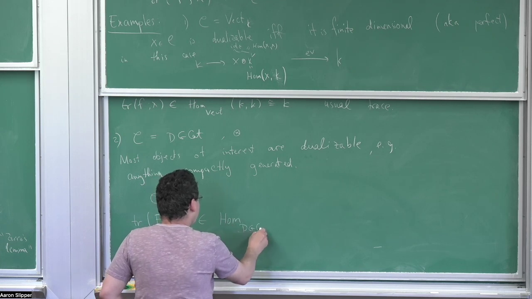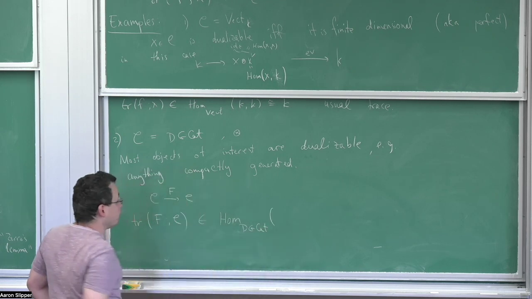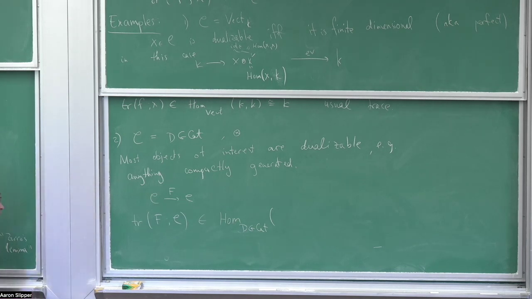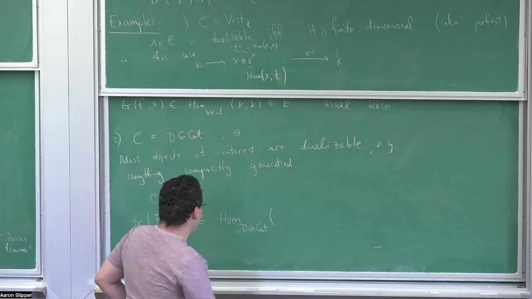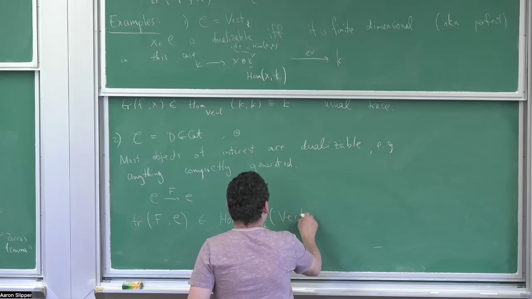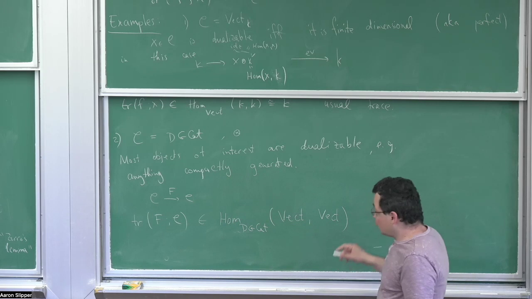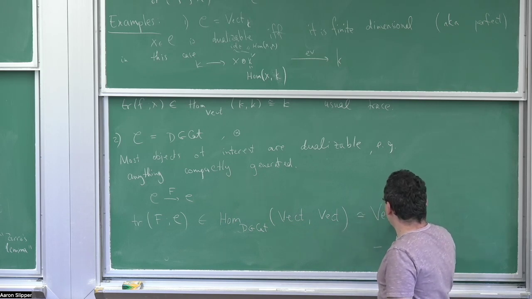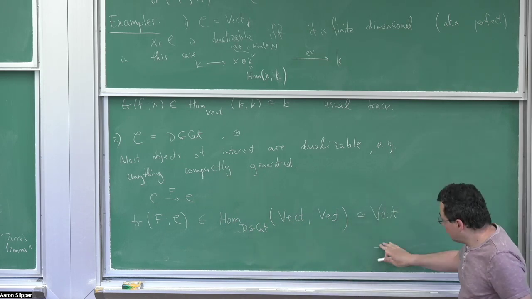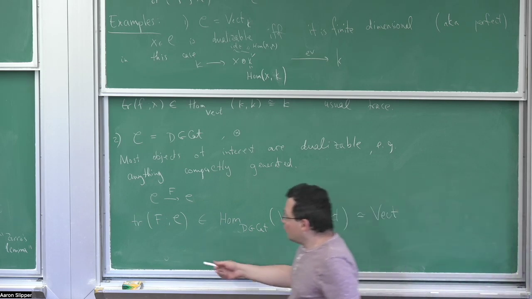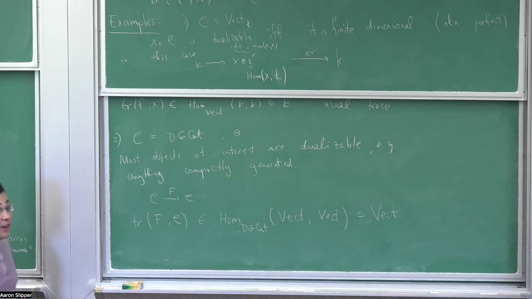this category, where the unit is Vect. This is the K-linear DG category, and the unit is what we call Vect. As before, endomorphisms of Vect is just the category Vect. In particular, the trace here is some kind of chain complex.